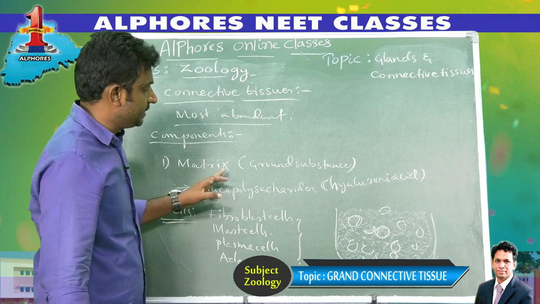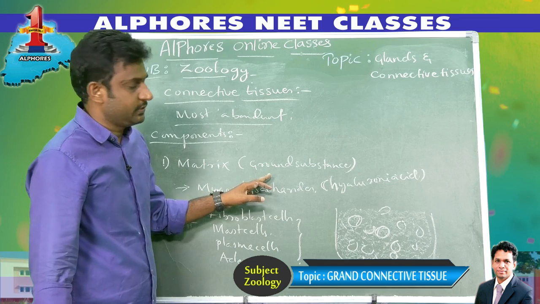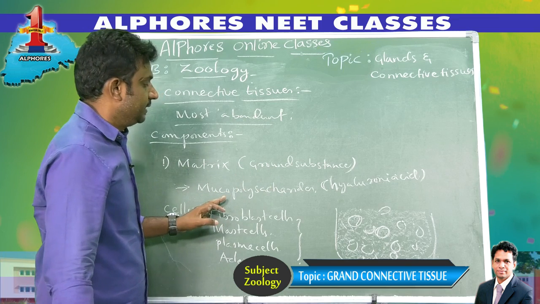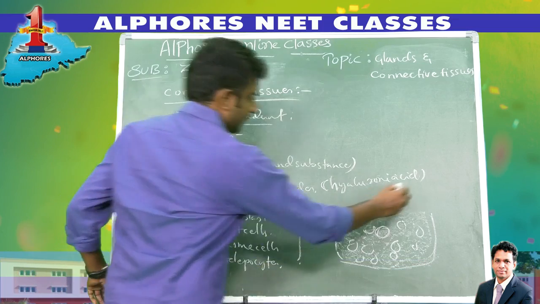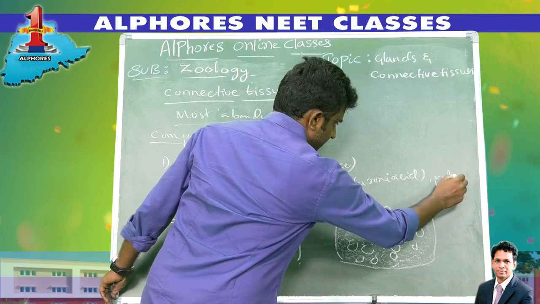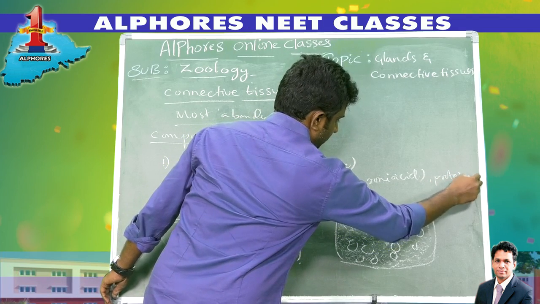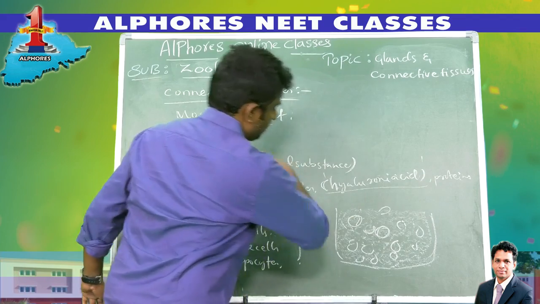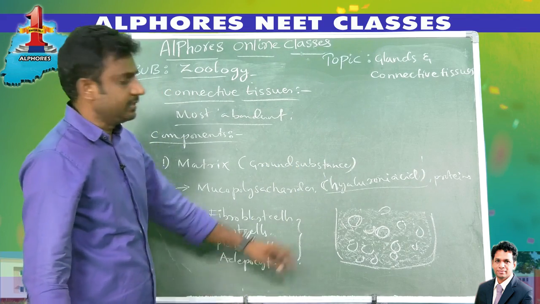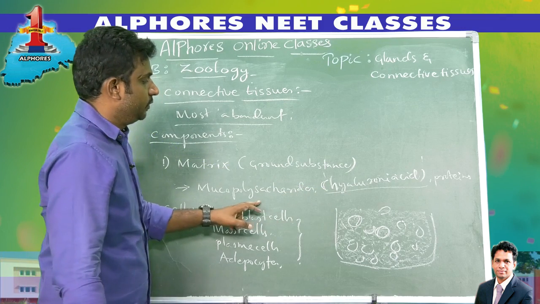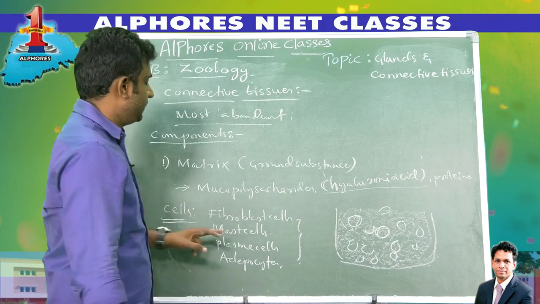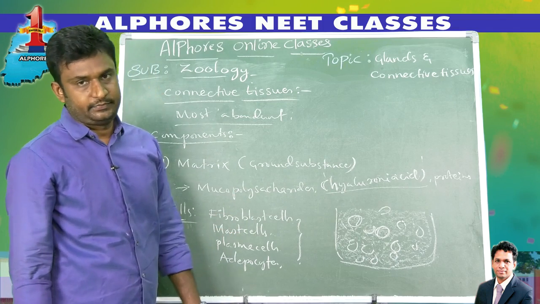This matrix, also called ground substance, is made up of mucopolysaccharides, and some proteins are also present. The most important mucopolysaccharide is hyaluronic acid. Some cells are also present.